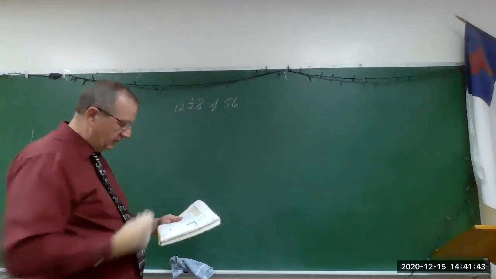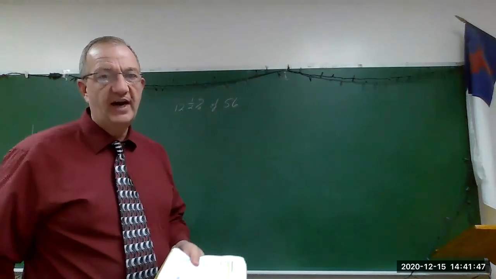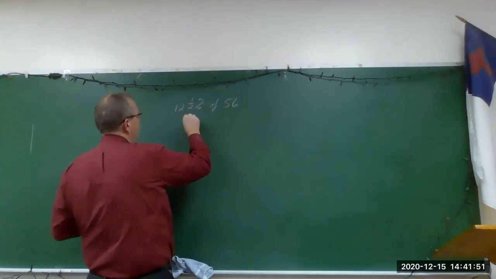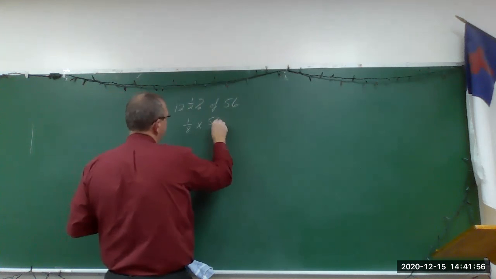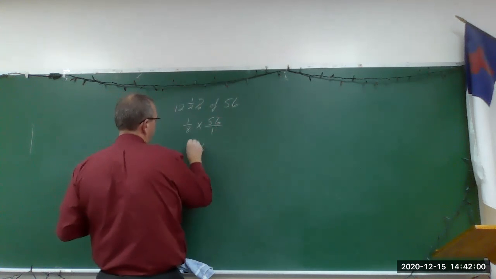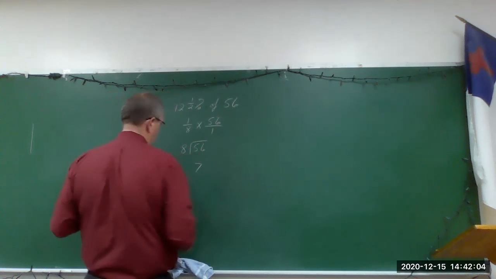I'm making the assumption from the way the book is written here that you guys have some of these fractions memorized. So 12.5% is equal to 1/8, and that's times 56. Okay, so that becomes 56 divided by 8, which is 7.